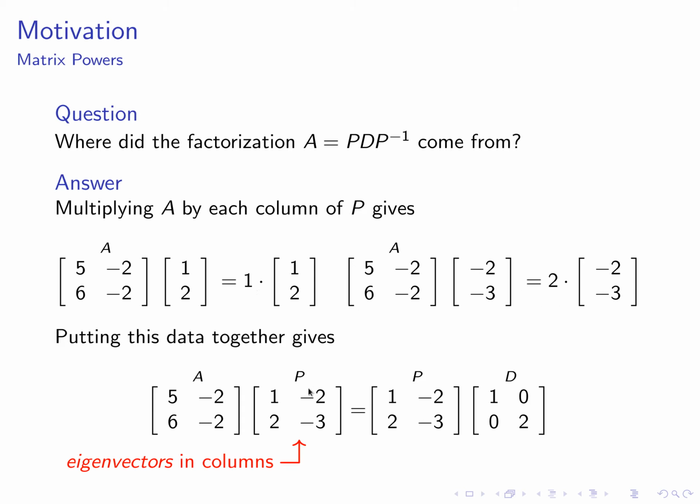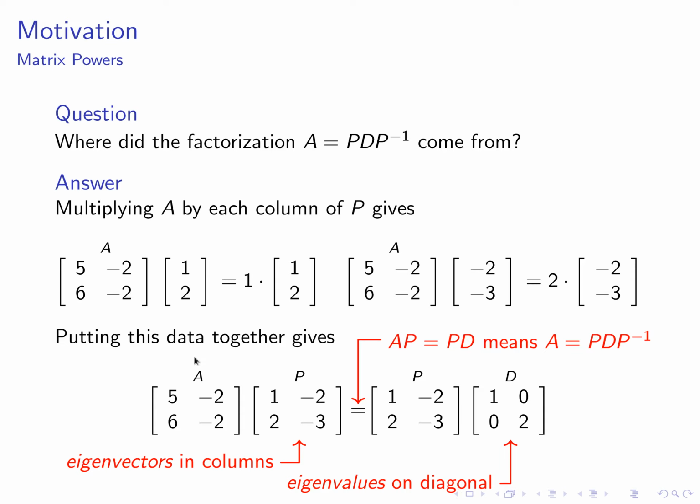So one thing to pay attention to here is that in this equation, P has columns that are eigenvectors of A, and D has diagonal entries equal to the corresponding eigenvalues of A.